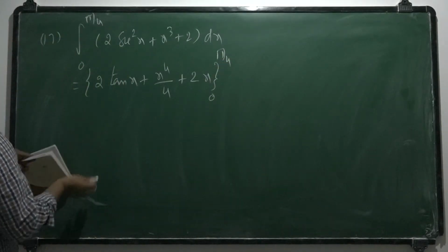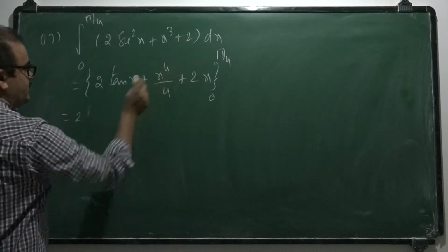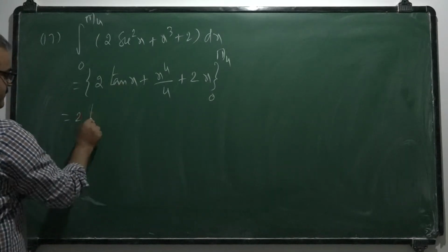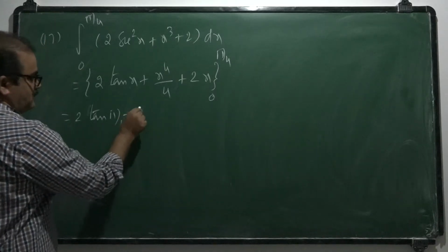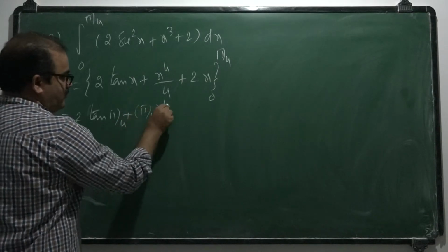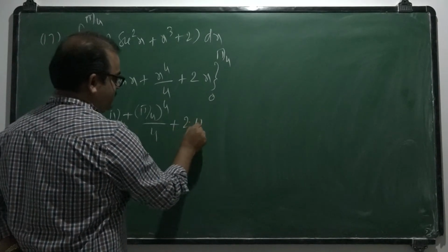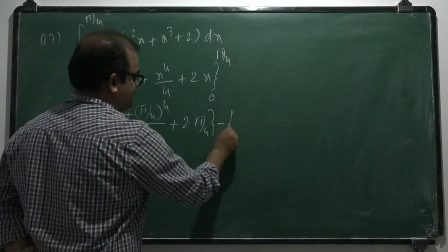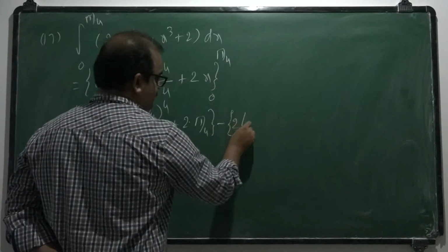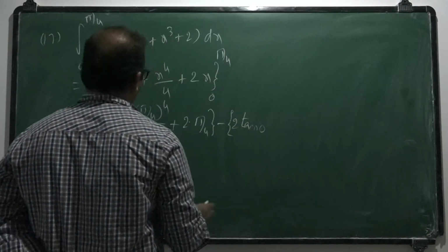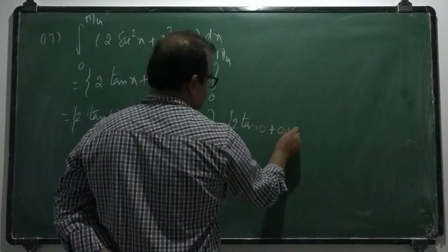Now apply the limits. First take the upper limit pi by 4: 2 into tan pi by 4, plus pi by 4 whole power 4 by 4, plus 2 into pi by 4, minus take the lower limit 0: 2 into tan 0, 0 by 4 is 0, 2 into 0 is 0.